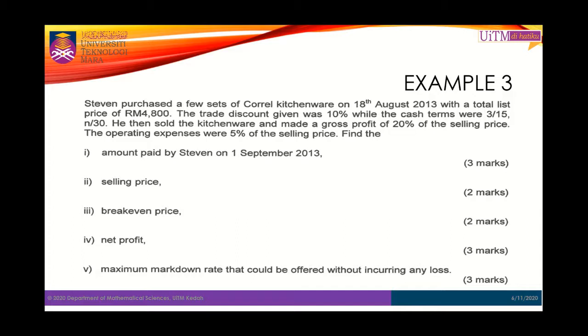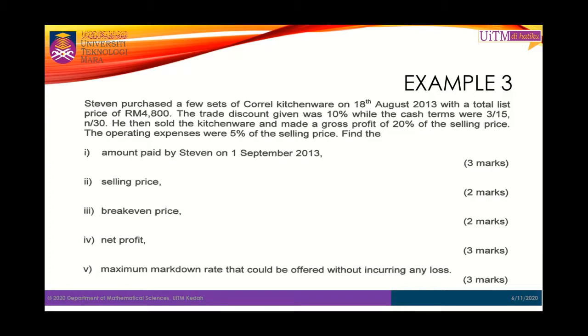It says here: Steven purchased a few sets of Corel kitchenware on 18 August 2013 with a total list price of 4,800. The trade discount given was 10%, while the cash terms were 3/15, n/30.